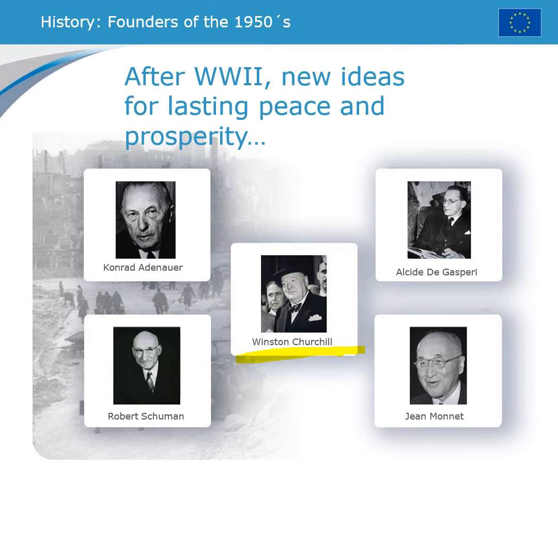So a new group of political leaders on the European continent took the lead in founding what would become the European Union. Two French politicians, among them Robert Schuman and Jean Monnet, who worked closely with Konrad Adenauer, who was the first Chancellor of West Germany. These are among the founding fathers of the European Union.